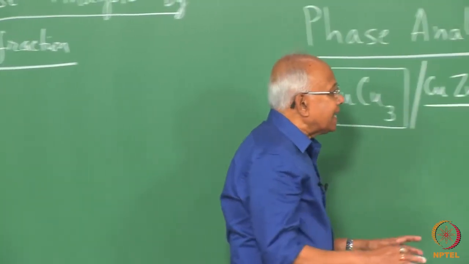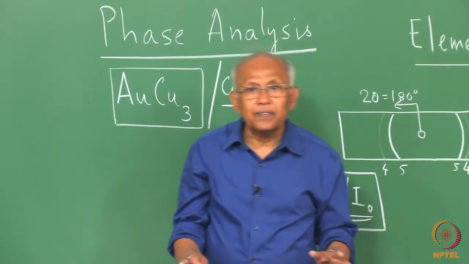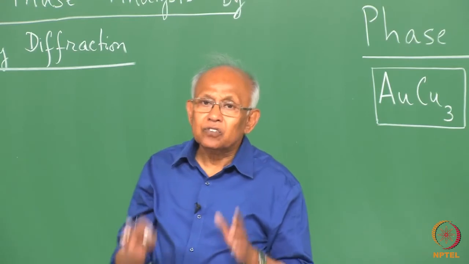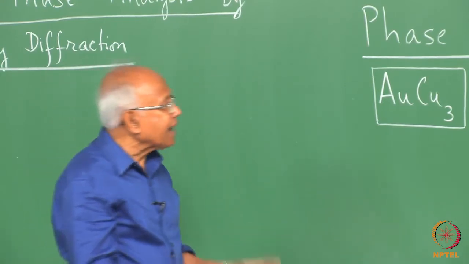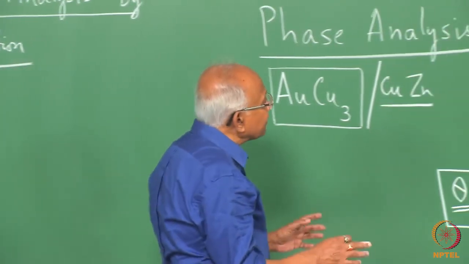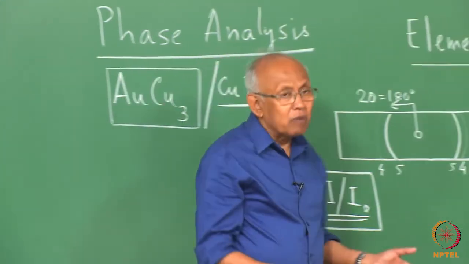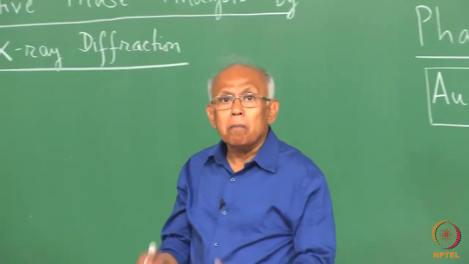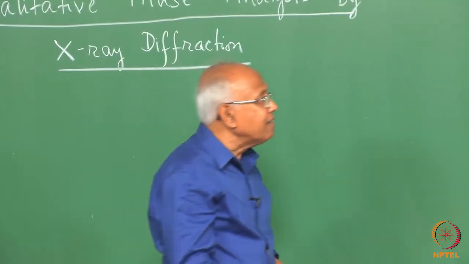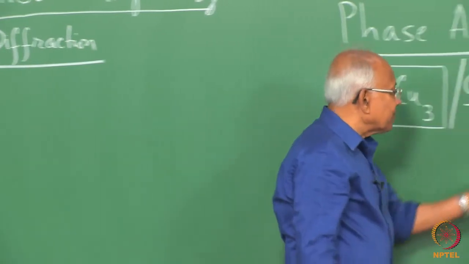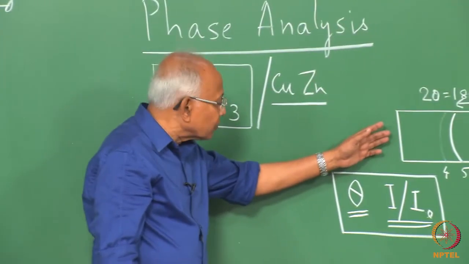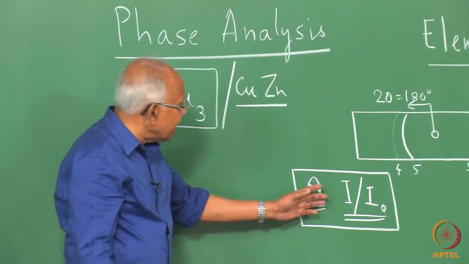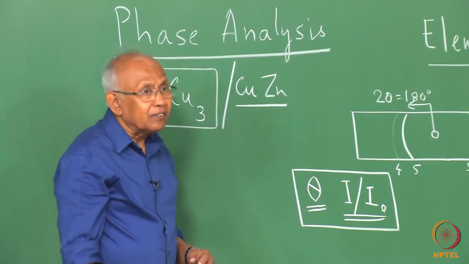So, any element, compound or phase can be recognized by its corresponding diffraction pattern. So, this is a very important thing that we have found out, that every material, every element, compound or phase will have its unique diffraction pattern characterized by the lines at some definite theta values and their relative intensities.